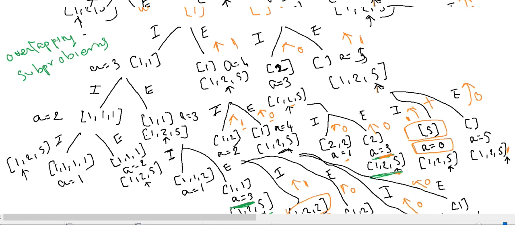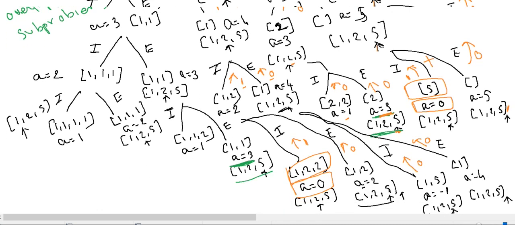And let's see what happens here. Here I need to make an amount 3 using this coin 5. It's not going to be possible, so this is going to return 0. I need to make an amount 1, and my pointer is pointing to 2, and I have only 2 and 5 coins, so this is also not going to be possible.